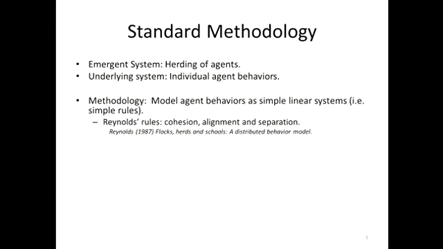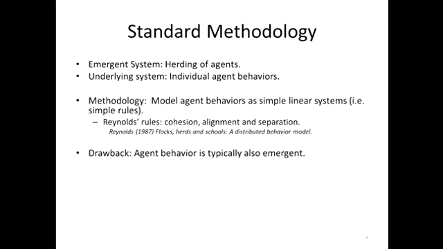And then the methodology is, well, you model those underlying systems with maybe some simple rules, or what I might call a linear system, something that's pretty easy to set up. And the goal is to hopefully have some kind of emergent behavior on the level of the system that you're interested in. So most of us are probably familiar with Reynolds rules for how to get a flock to form. Simple agent behavior, you get an emergent behavior above.